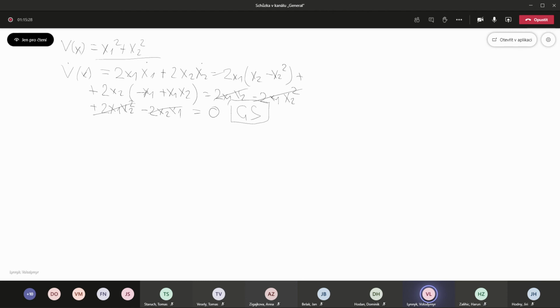We can apply this criterion when we take some quadratic form as a Lyapunov function.